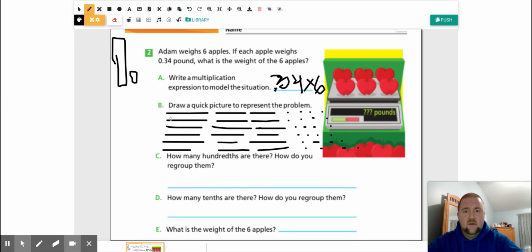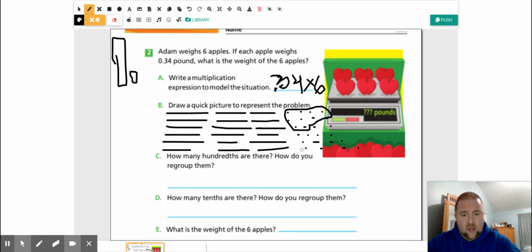Now that gives me 6 times I'm seeing 34 hundredths. First question they're asking is how many hundredths are there? When I count all these hundredths, I have 24 of them. So how am I going to regroup them? Well, we know that 10 hundredths is going to give me another tenth. So if I look at 4, 8, and 10, all these hundredths right here are going to give me another tenth, right?